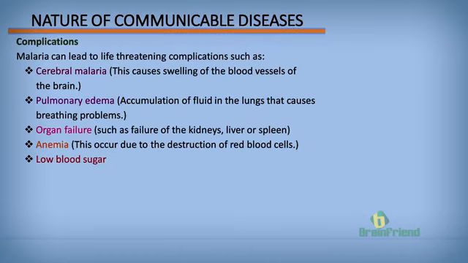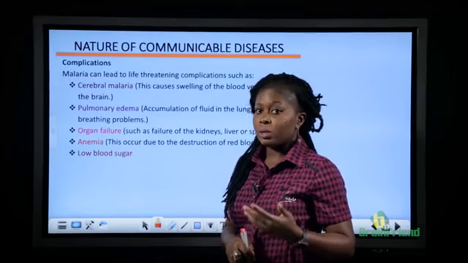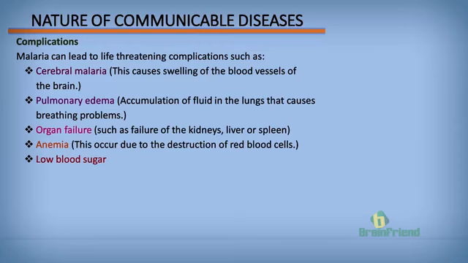Then malaria complications. Life-threatening complications can arise, especially if the disease is not treated on time, or if treatment is delayed. Some of these complications are cerebral malaria, which causes swelling of the blood vessels of the brain. Okay. Another complication is pulmonary edema.